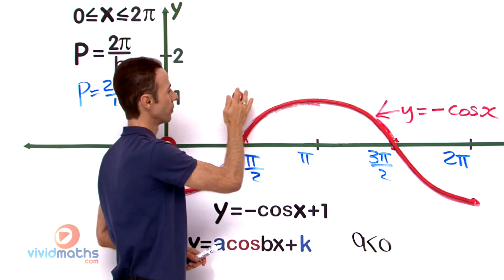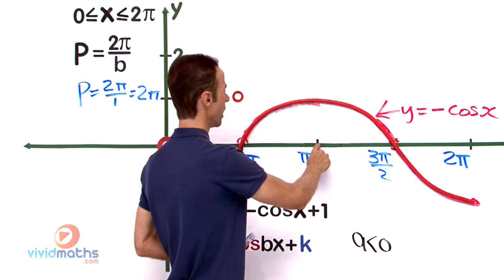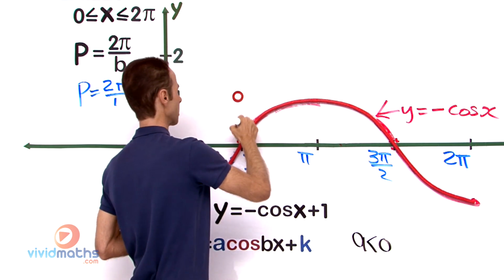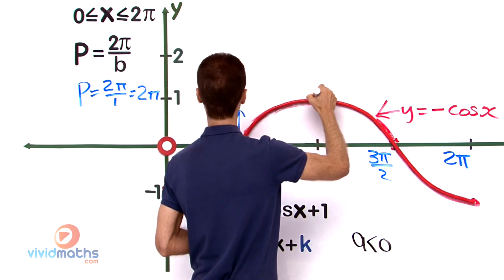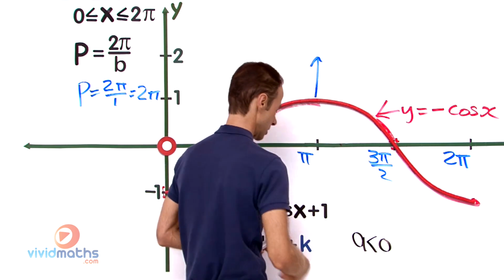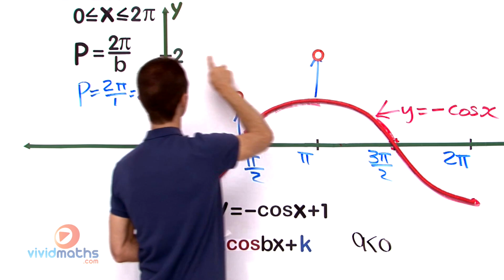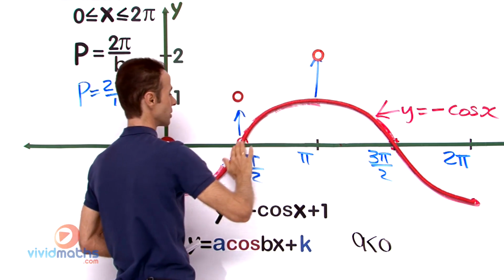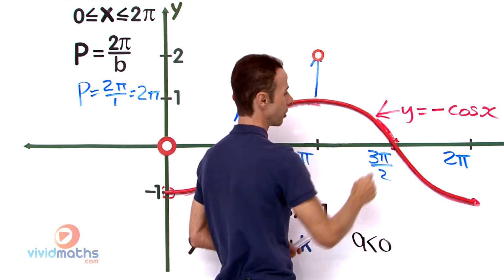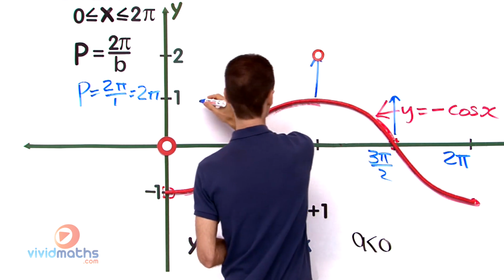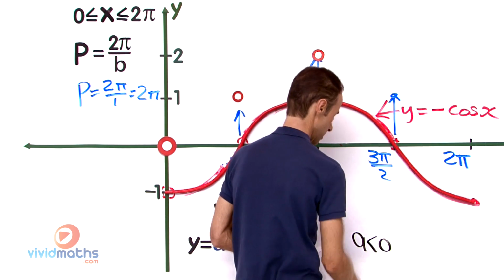Then pi over here is already at 1, so that's going to go further up, to 2. Let's put a marker there. There's our 2 point. So they're going up. This point here at 3 pi on 2 will go vertically up also, up to about 1 right over there.